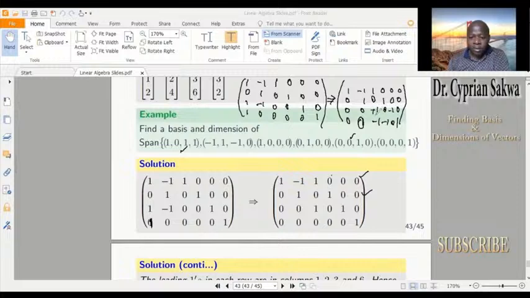Now use this leading one to create a 0 in this position. That is what gives me the final matrix, because what I wrote here was the final matrix for reducing to echelon form. Look at the first row. It remains where it is. The second row remains where it is. The third row is 0, 0, 1, 0, negative 1.